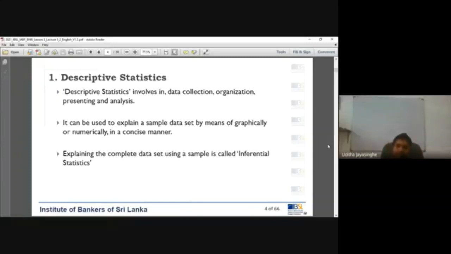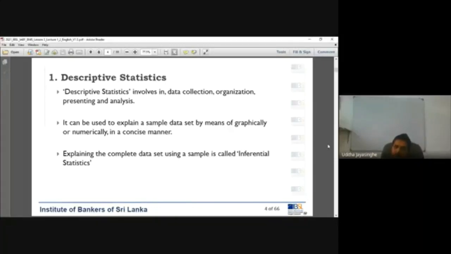Or I could say there are 700 students and I could talk to 20 students to get some understanding of the mathematical model. So descriptive statistics is all about trying to get an understanding of a complete population by studying a sample set of data.